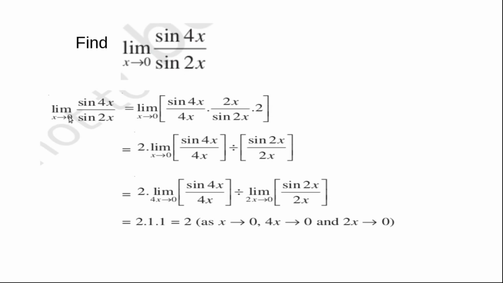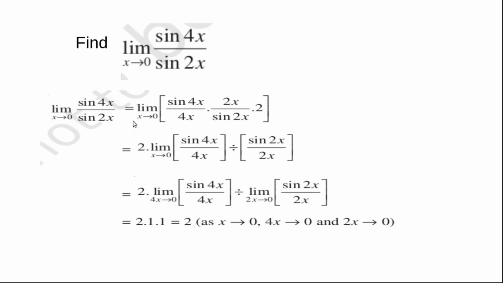For that, first of all, I am writing limit x tends to 0 sin 4x by sin 2x. That is equal to limit x tends to 0 sin 4x divided by 4x, then multiply with 4x, that means 2x into 2 is equal to 4x.